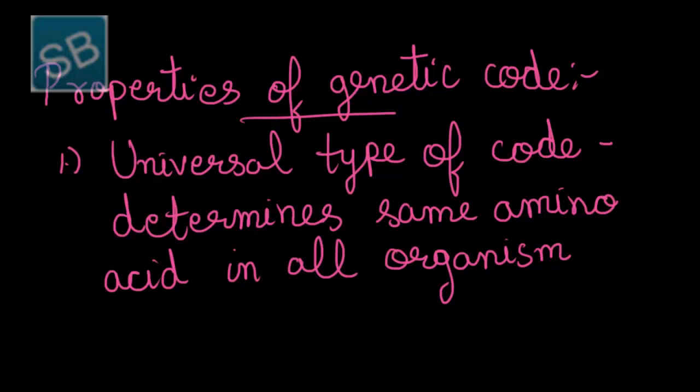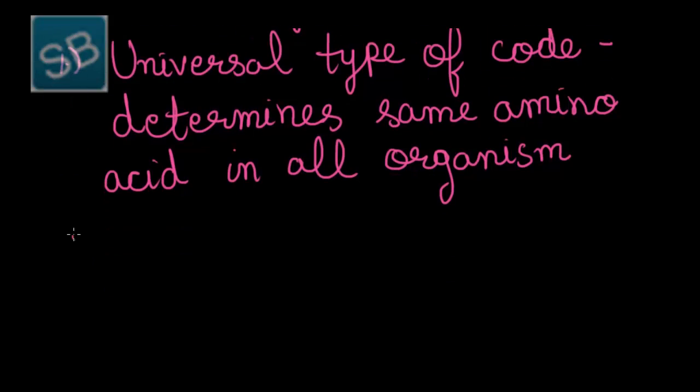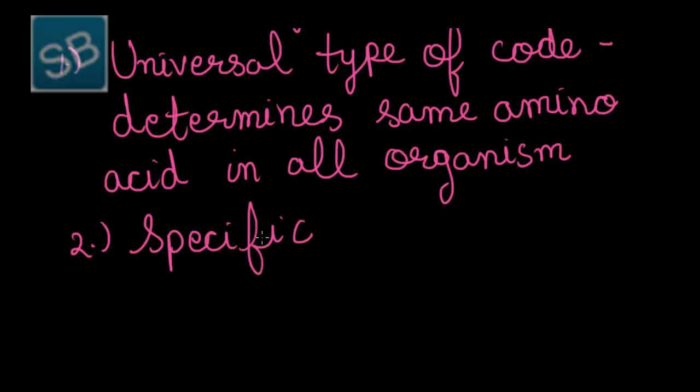The second property is that the genetic code should be specific in nature. That is, any one codon should specify the position of one kind of amino acid only.